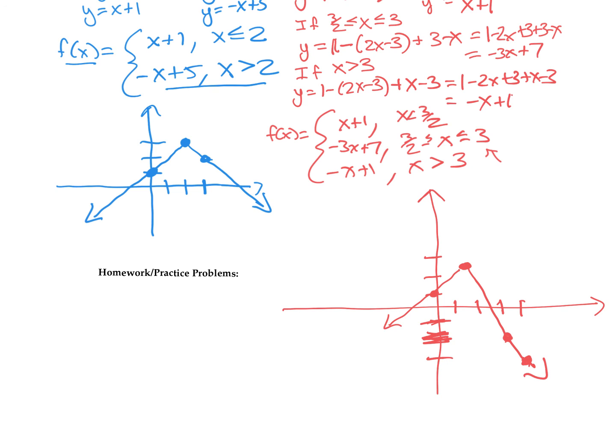So that is my graph. And this slope should be a little bit flatter. It's hard to see here. It kind of looks like one continuous line, but it shouldn't be. Okay, so those are the two examples of writing a function that has absolute value in it as a piecewise function.